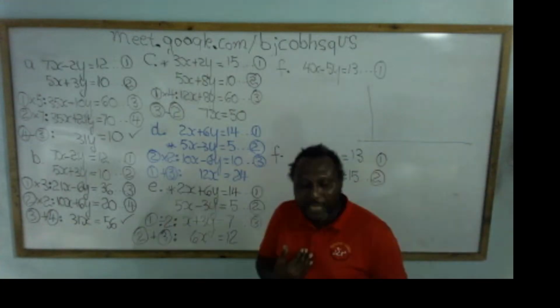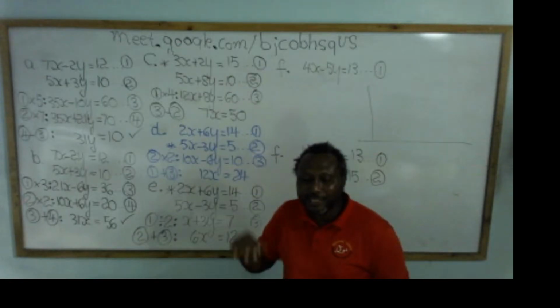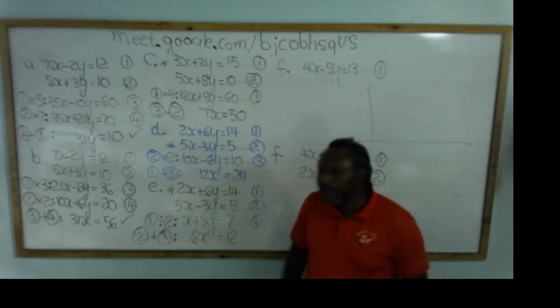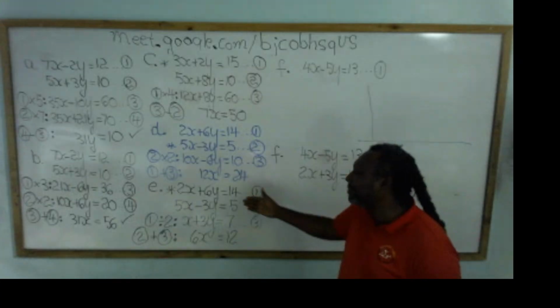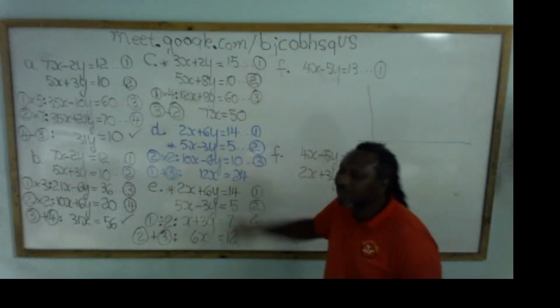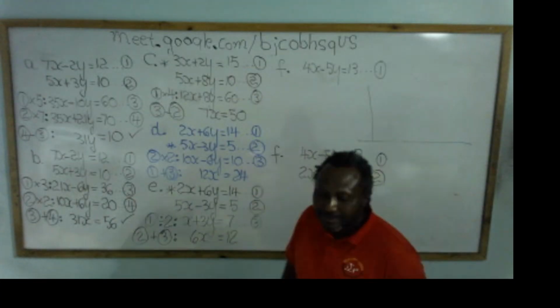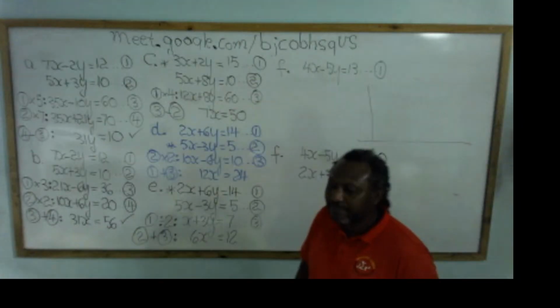So I would multiply instead of divide. By dividing by 2 in the other case, I did not encounter any fractions, so I'm prepared to do it there.